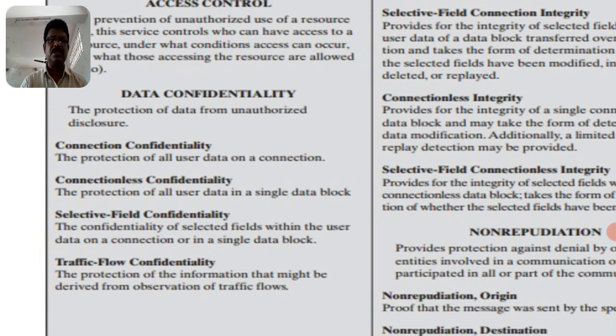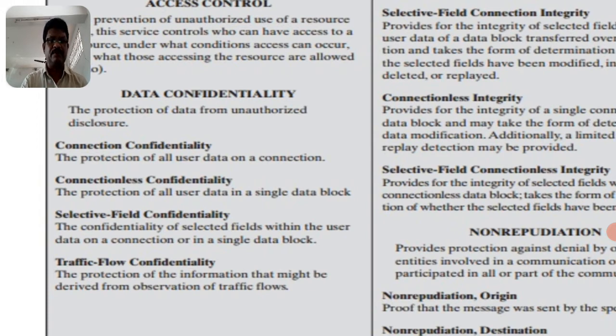If it is connection-oriented, it goes for connection-oriented; if it is connectionless, it goes for connectionless. Whatever selected field is taken, whether connection-oriented or connectionless, it protects a single block of data for security.